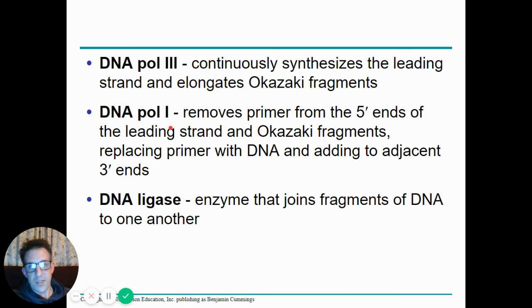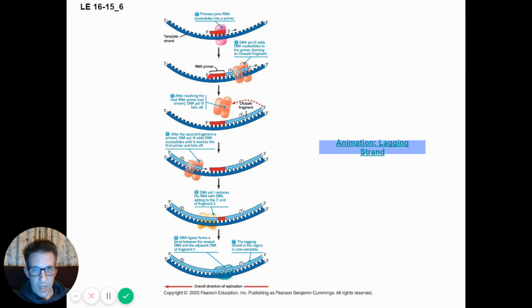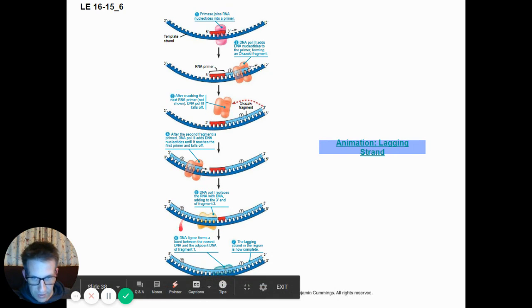DNA polymerase 1 has a very specific job. Those little RNA primers that I talked about here that were red, that were laid down by the primase, those things can't be there by the time this is all said and done. They're not DNA, they're RNA, so they have to be replaced. And that's what we see down here, this little yellow guy. This yellow one is called DNA polymerase 1.